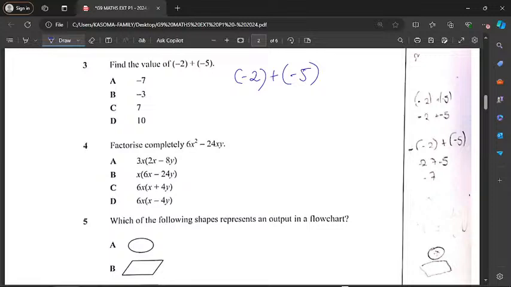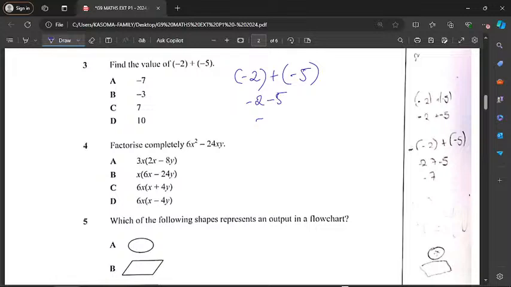First we need to get rid of brackets. So we say -2, then positive times -5 will give us -5. Now we know that -2 and -5 have the same signs, which are negative, so we maintain the negative sign.